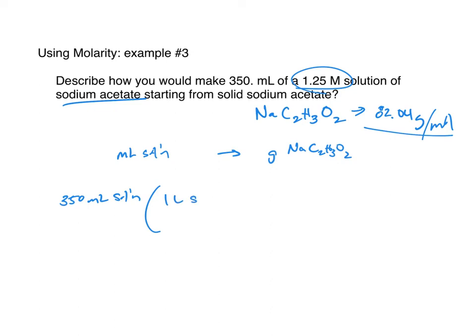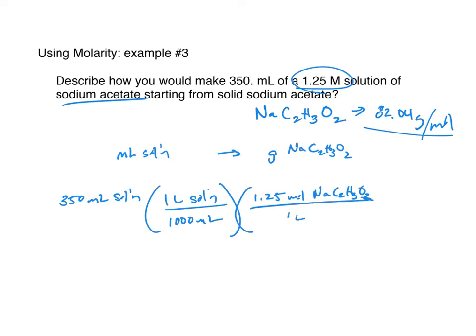I know that for every 1 liter of solution, there are 1,000 milliliters. In this case in particular, I have 0.125 moles of sodium acetate for every 1 liter of solution. And then I know that each mole of sodium acetate weighs 82.04 grams.